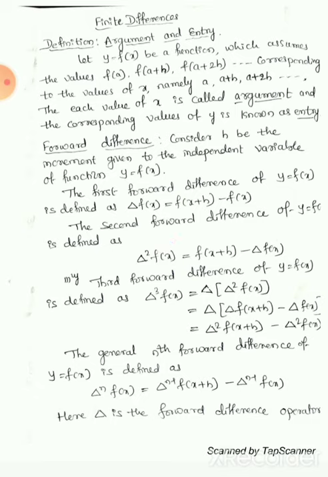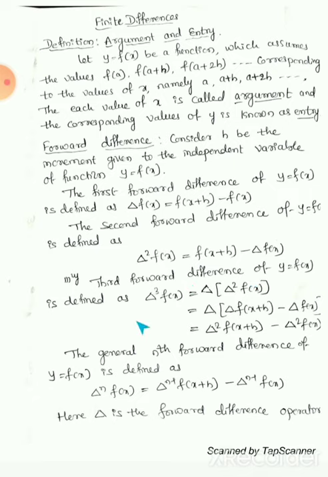Similarly, the second forward difference of y is equal to f of x, you can easily define, del square f of x is equal to del f of x plus h minus del f of x. Previously you got del f of x; similarly you will get del f of x plus h. Taking the difference of those two, you will get del square f of x.